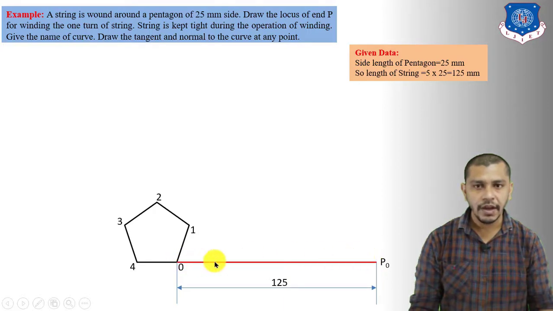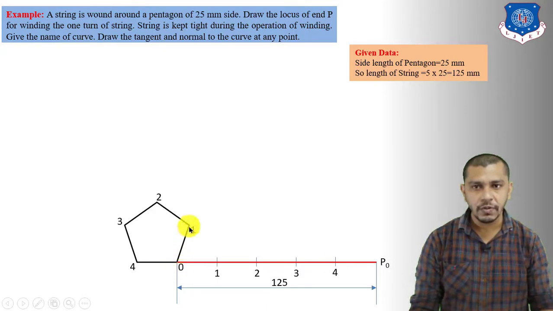Now divide the string into 5 equal parts: 1, 2, 3, 4 and 5. The point 5 will be our P0. The length of the string is 125 mm, so the length of each division will be 25 mm. After dividing the string into 5 equal parts, extend the edges of the pentagon.